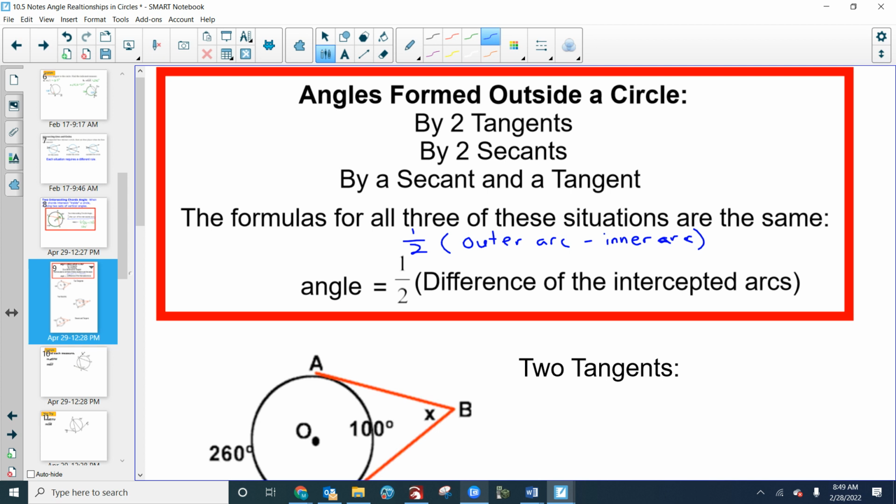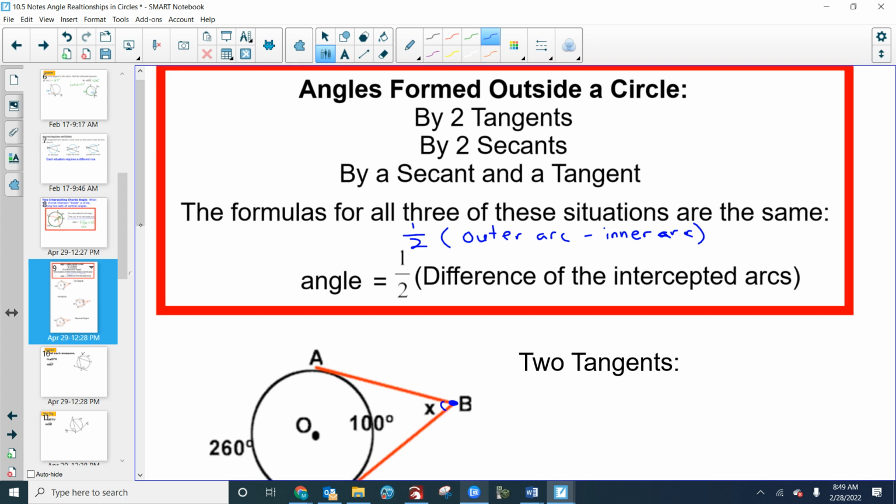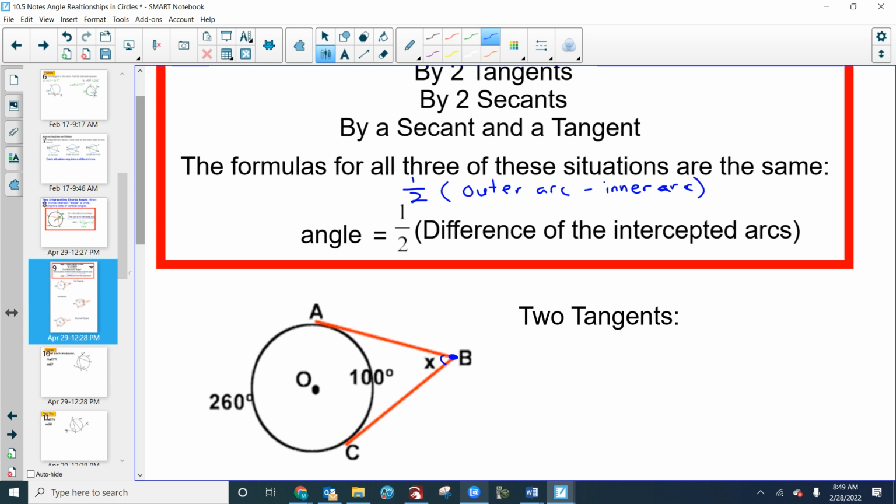So if we're looking at this angle B, the outer arc would be the one farthest away from it. Outer. What's the angle that's the outer arc? If we have these 2 tangents touching the circle, the outer arc would be 260.